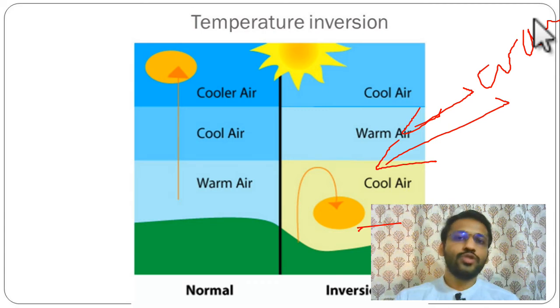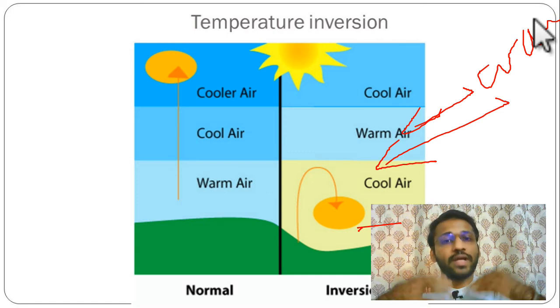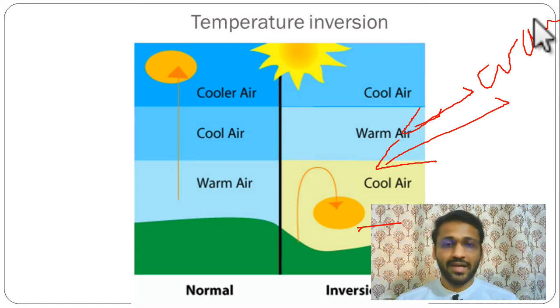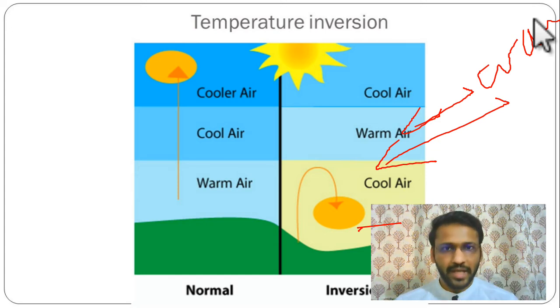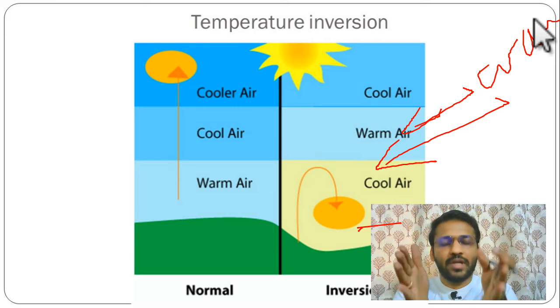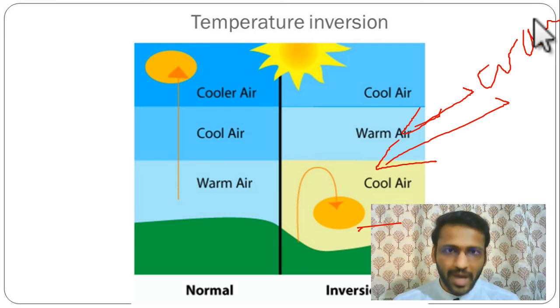Getting it? Also, if there is pollution, the pollution will also get trapped in that cold layer of air at the surface. So pollution won't be able to mix with the other parcels of air. So pollution will get trapped in the lower parcel of air. Because of the temperature inversion, you will feel more pollution.